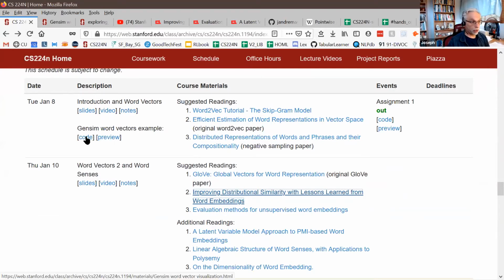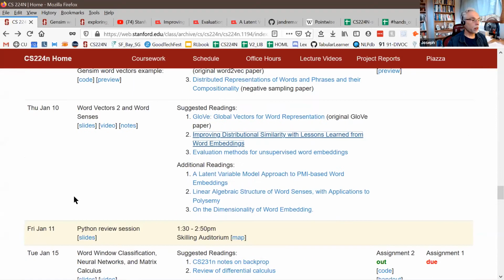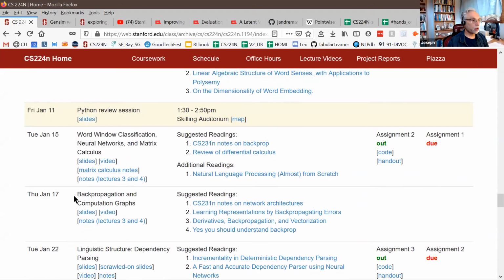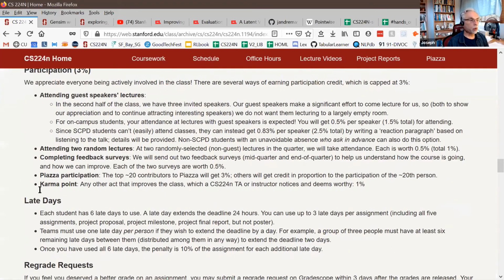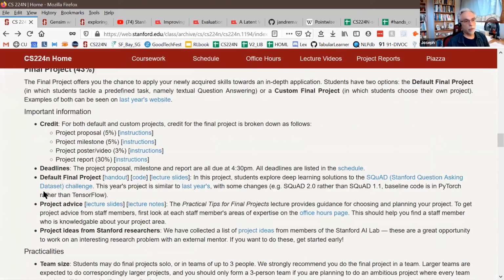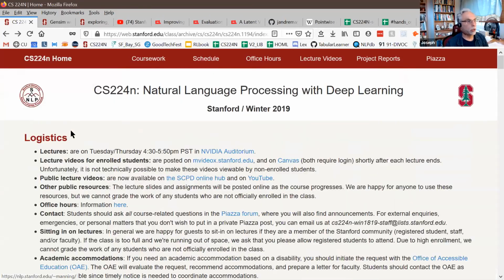And you can also find the code that's related to whatever homework assignment is being discussed there. So you can see that some lectures don't have homework assignments, but this is where you find all the stuff you need for the course. So you should really familiarize yourself with this homepage because it has all the resources that you're going to need for the class. Okay, stop sharing this.